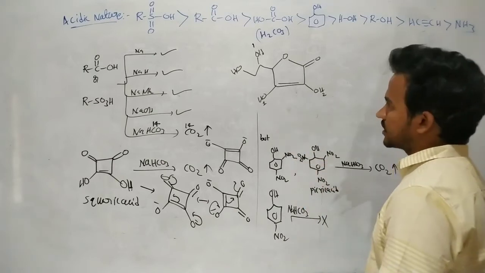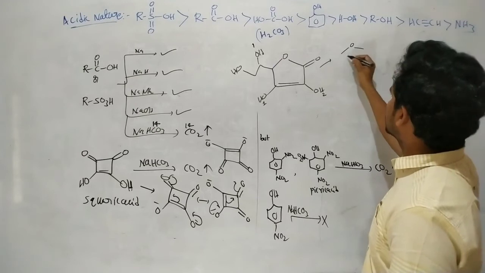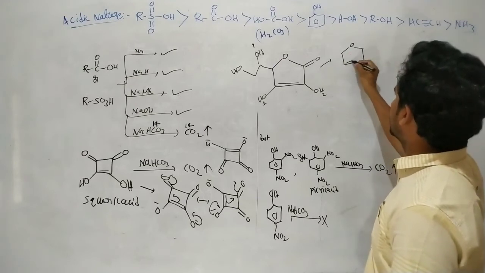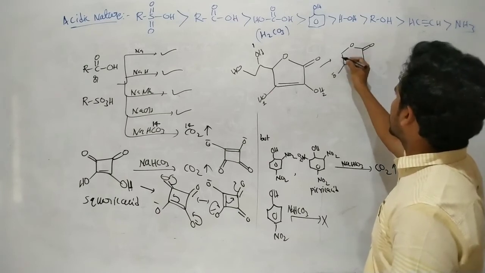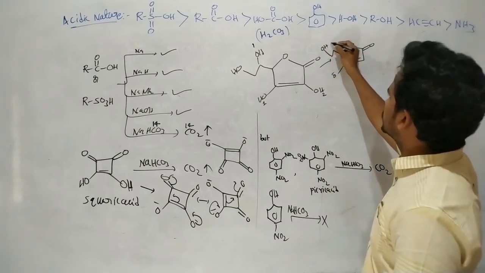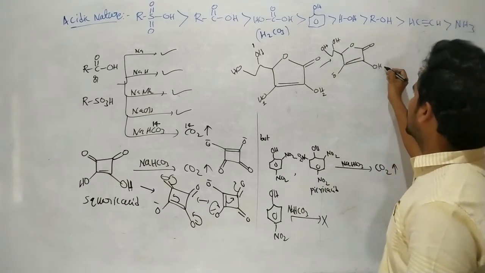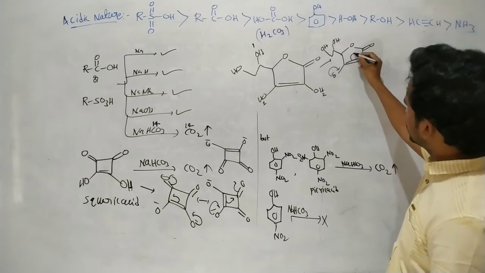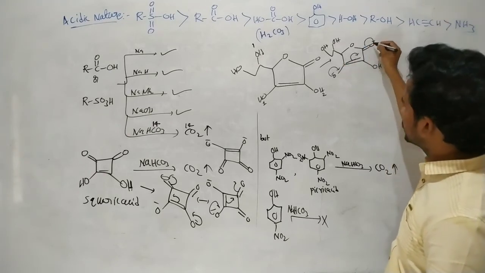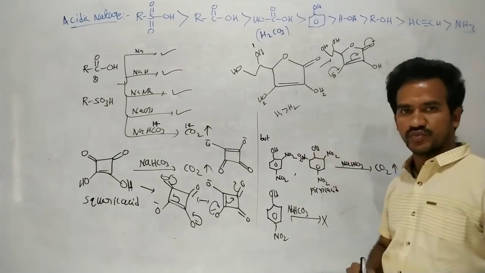This proton is the more acidic one. Why? Because if the proton is removed, that conjugate base must be stabilized. So here double bond O, this one is O minus, here OH, here this one is OH. So this conjugate base is more stabilized by the continuous conjugation. So H1 is a more active proton than H2.